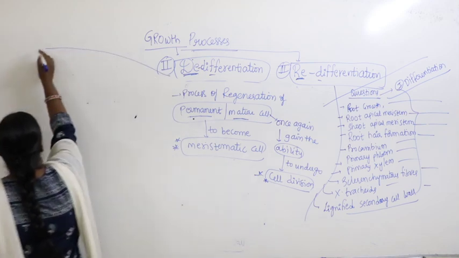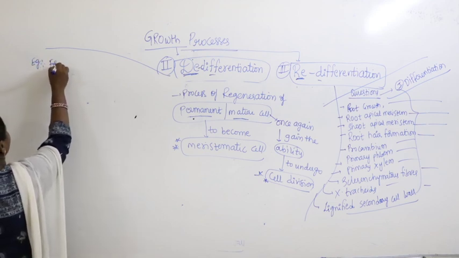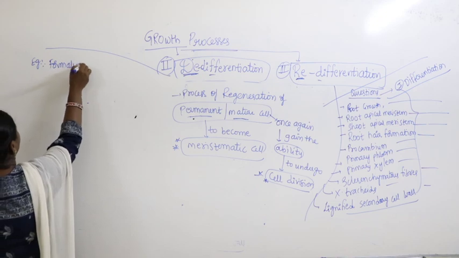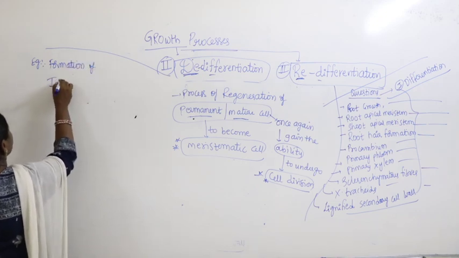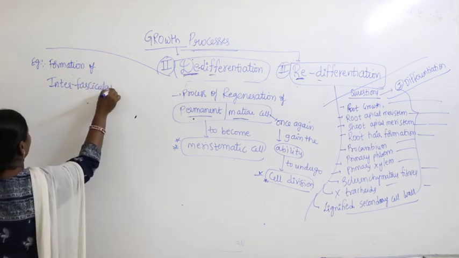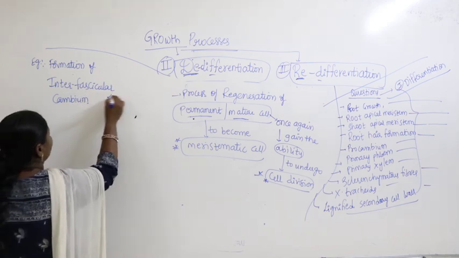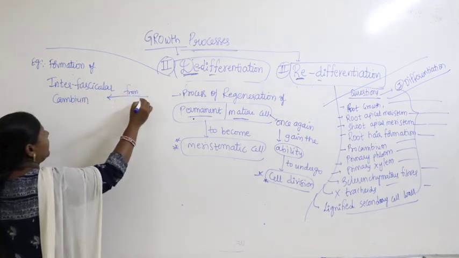So what are the examples for de-differentiation? Formation of interfascicular cambium, from medullary rays.